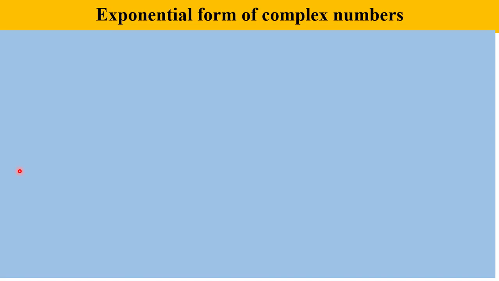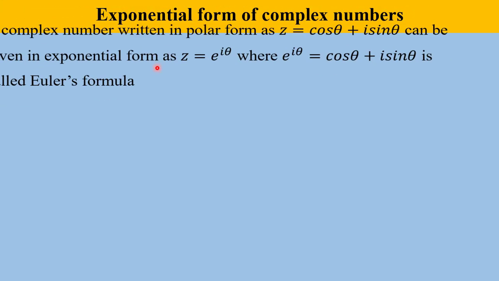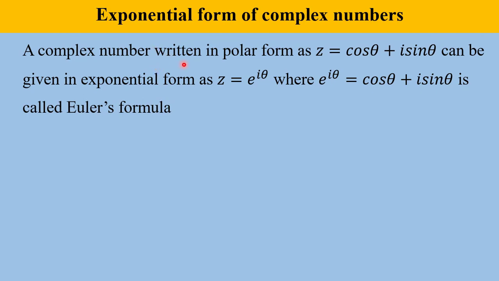Let's look at the exponential form of complex numbers. A complex number written in polar form as z is equal to cos theta plus I sin theta can be given in exponential form as z is equal to e power I theta, where e power I theta is equal to cos theta plus I sin theta.